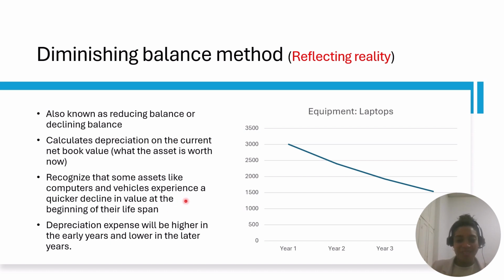Let's get to the meat of our lesson, which is the diminishing balance method. And this method reflects the real value of the asset. Okay, so a little bit of background: the diminishing balance method is also known as the reducing balance or declining method.